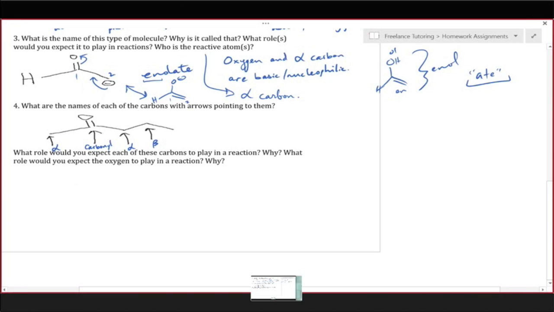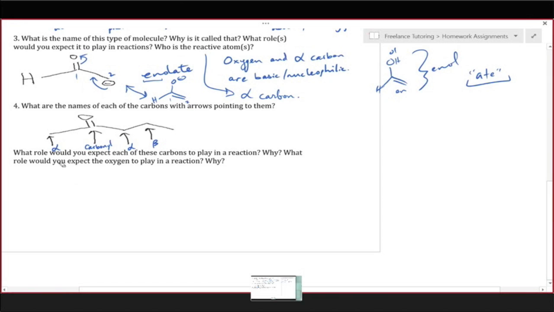The alpha carbon, we've seen it play the role of nucleophile or base in the reaction above, but in an enolate. But this actually doesn't have a negative charge, so it would be more likely to be an electrophile, or not electrophile, but acid.